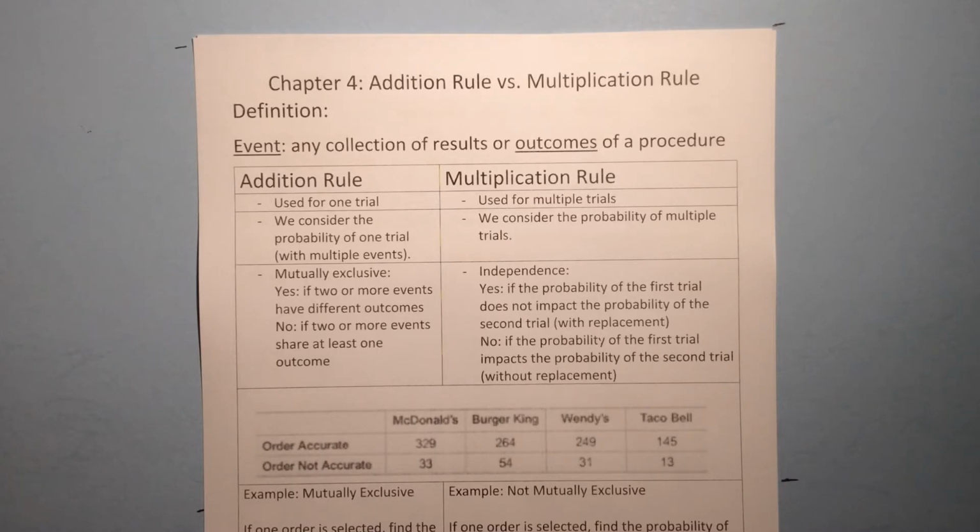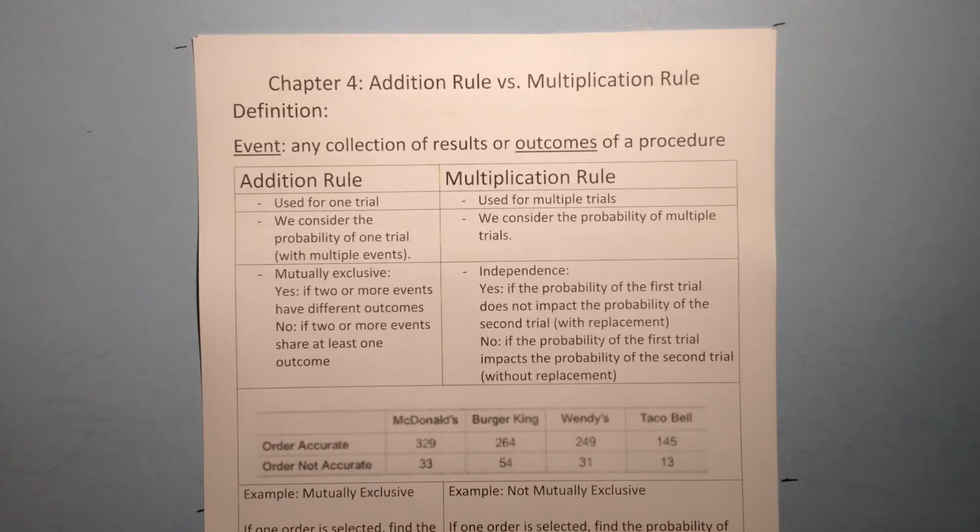Because what students confuse is, what's the difference between multiple trials and multiple events? In a question where you apply the addition rule, you can have multiple outcomes, and you can have multiple events, but it's still just one trial. So the number of trials that are occurring is the key difference between when we apply the addition rule and the multiplication rule. We'll take a look at example problems here in a bit.